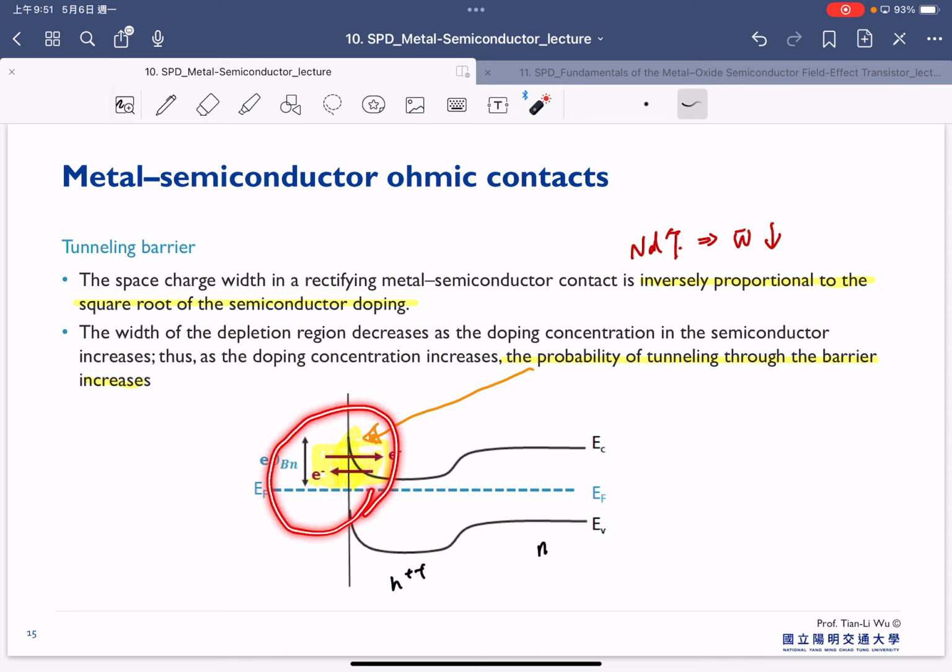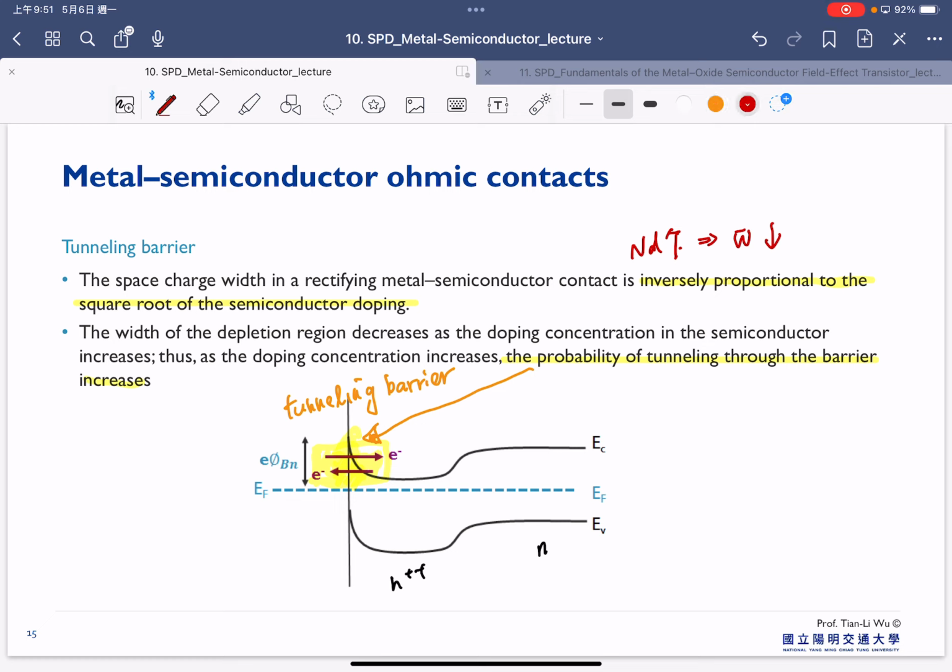Therefore, the electron can start to jump from here to here or here to here. And therefore, it's still possible to have current conduction. So that's why we call this a tunneling barrier.